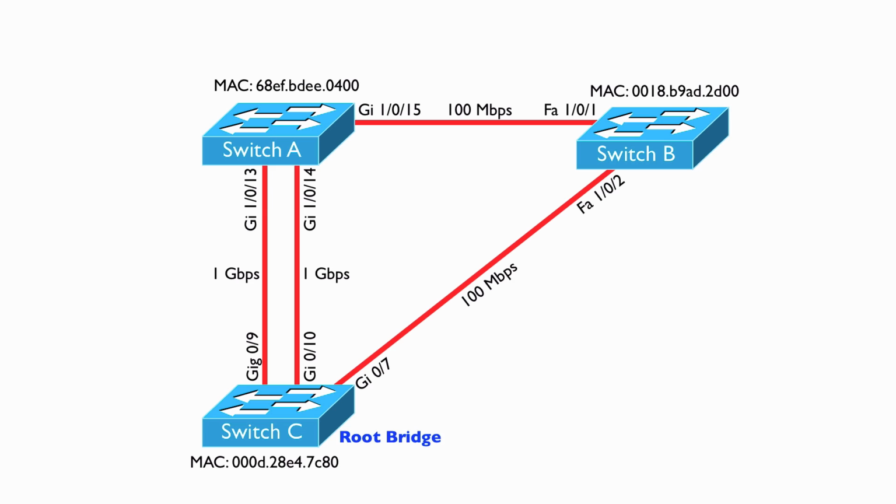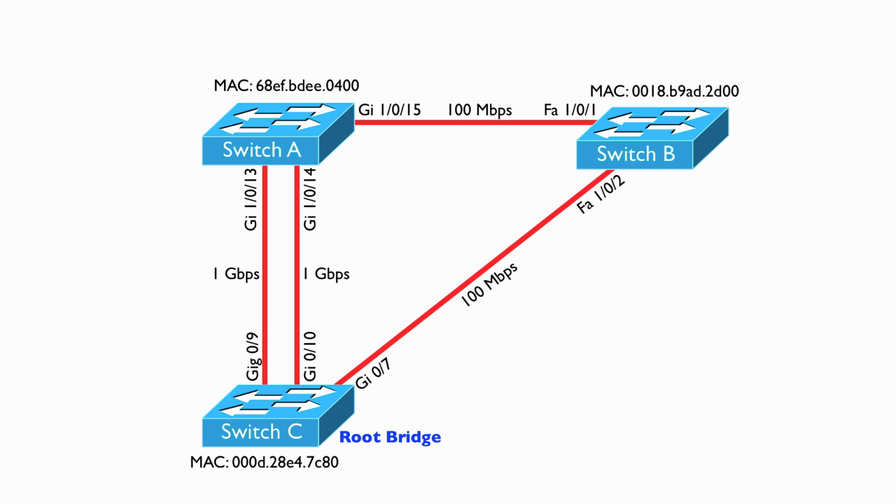The next question we ask as we're analyzing a spanning tree topology is, what are the root ports? Remember, every non-root bridge has one and only one root port that is closest to the root in terms of cost. If we look at switch A, we've got a couple of gig links up to switch C. The cost of a gig link is 4. If we went over to switch B over that 100 meg link and then came up from switch B to switch C over another 100 meg link, the cost of a 100 meg link is 19.